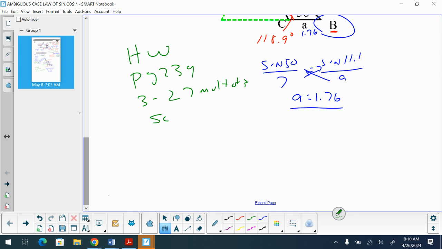What they say to do is to solve the triangle for the unknown values. They give you 3 values. What you have to do is find the rest of those values. So they'll give you 3, you find the other 3. You can use law of sines, law of cosines, whatever you want to do. They also give you angles in degrees and minutes rather than degrees and decimals.